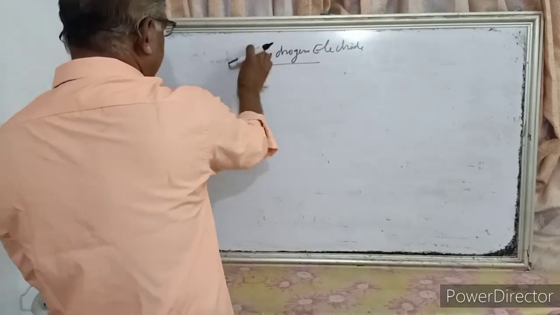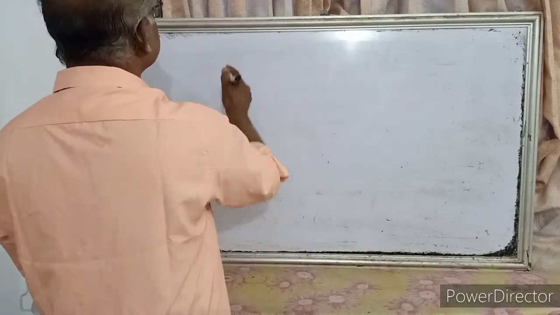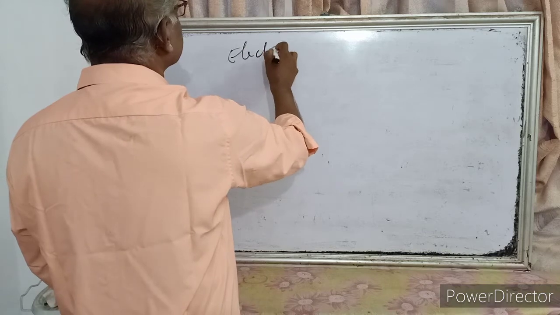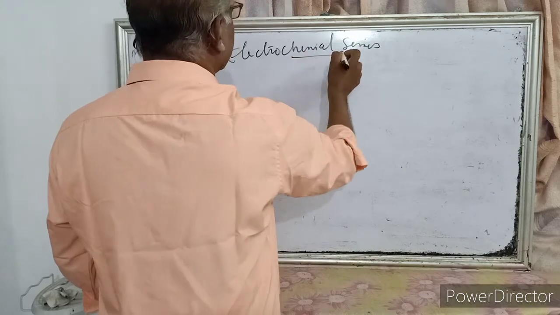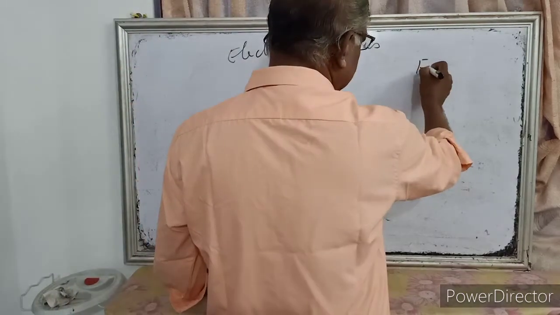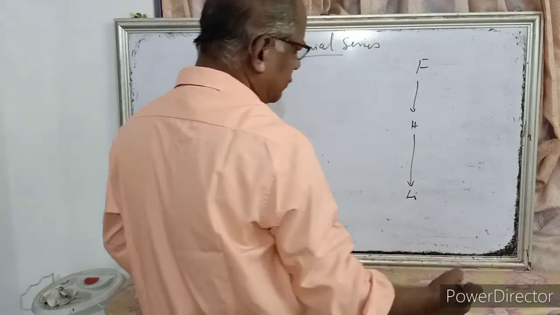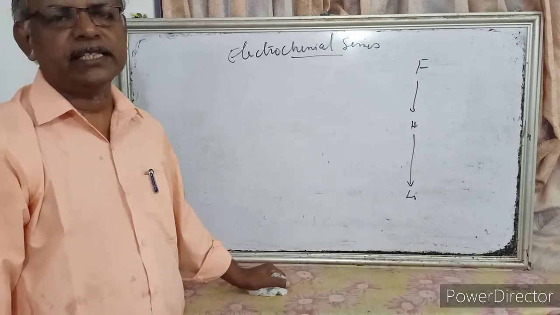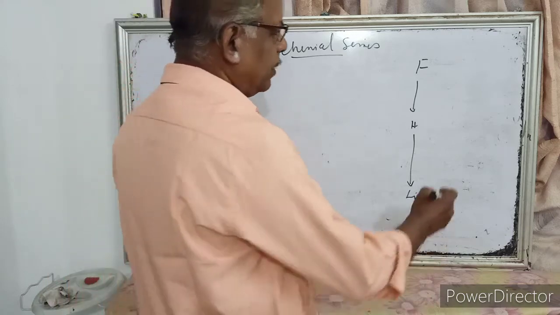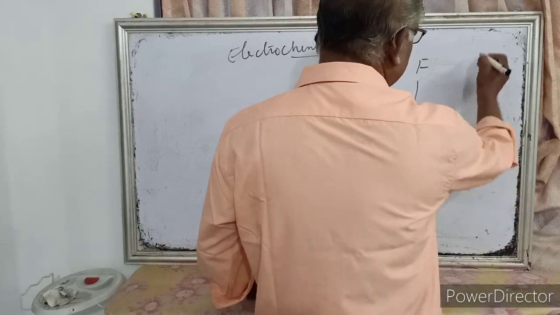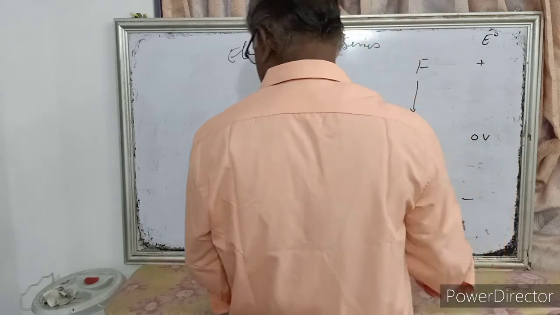Next is electrochemical series. What is electrochemical series? In the electrochemical series, fluorine is at the top, hydrogen in the middle, and lithium at the bottom. That is the arrangement of various electrodes in the decreasing order of their standard electrode potential. Fluorine has a positive E0 value, lithium a negative value, and hydrogen is 0 volts.